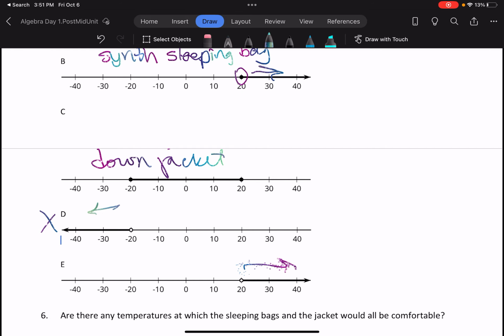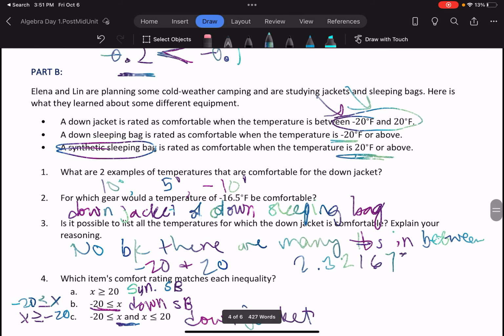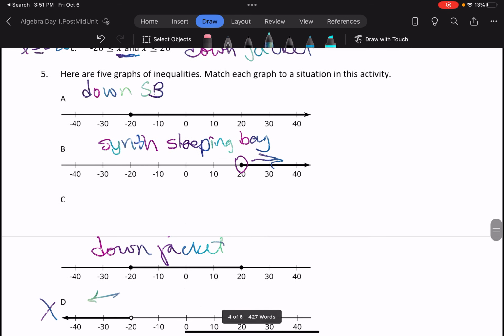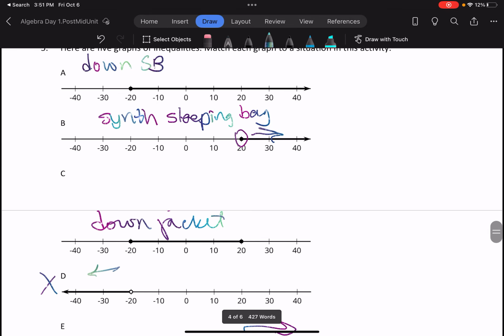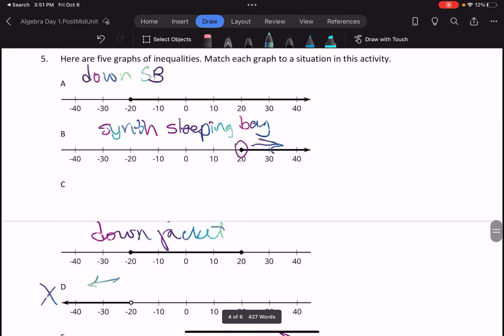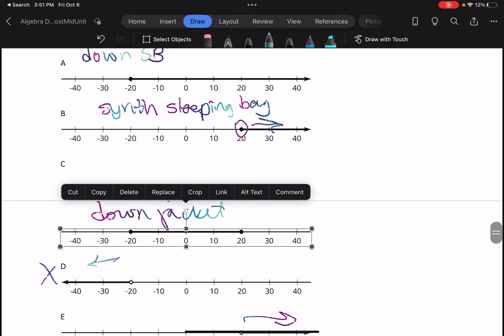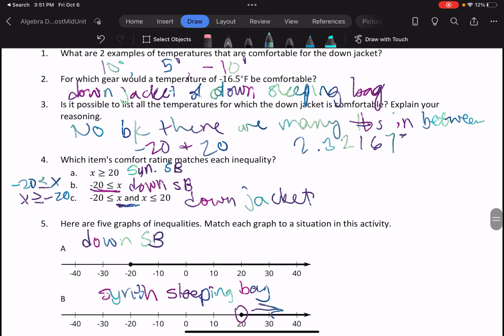And then above 20 degrees, we have a synthetic sleeping bag here is above 20 degrees. So that could also be this one. The reason actually that E doesn't work as well, so we had synthetic sleeping bag for B, right?